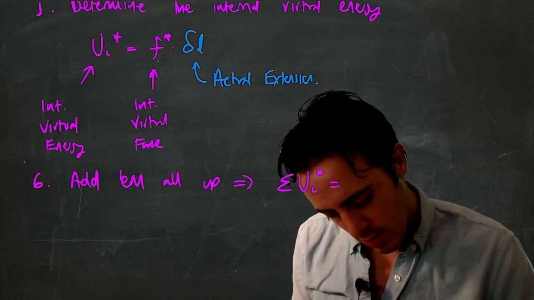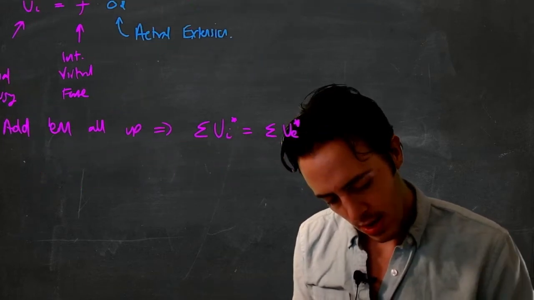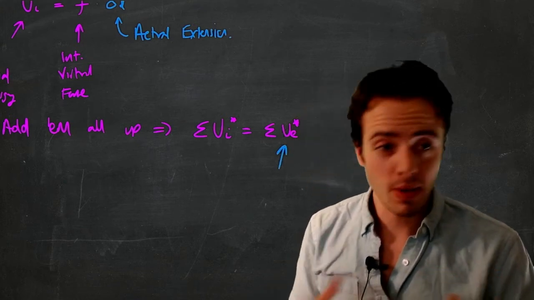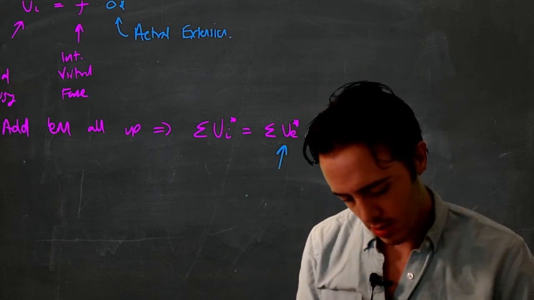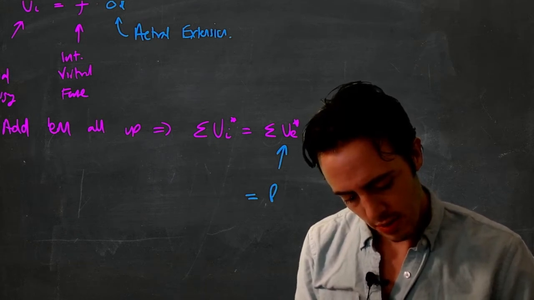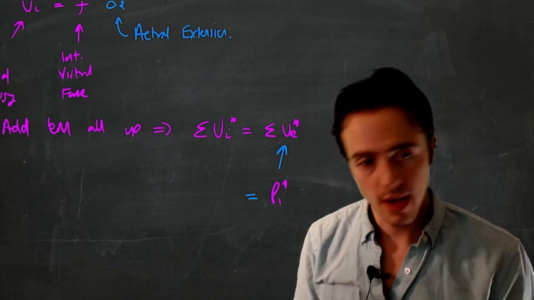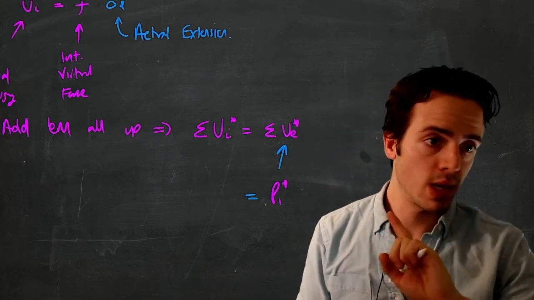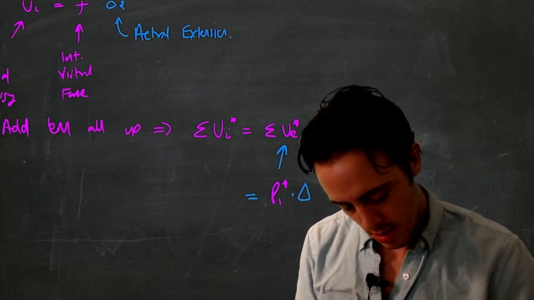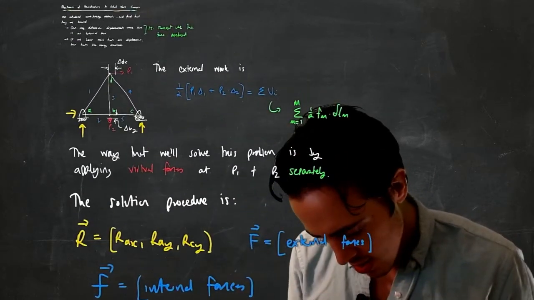And that's got to be equal to the sum of the external virtual energy. And from the definition of what this is going to be, say we picked P1 first, let's say it's P1 star. So we just put a virtual force of P1 equal to 1 Newton multiplied by the delta, and P1 was associated with delta dx.